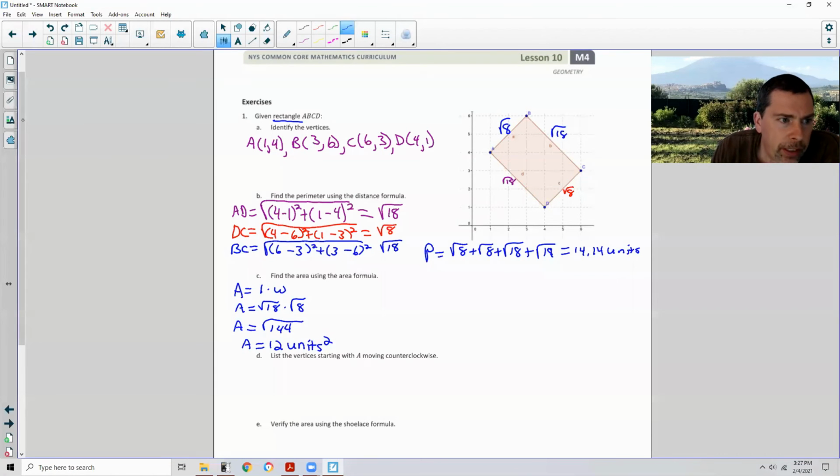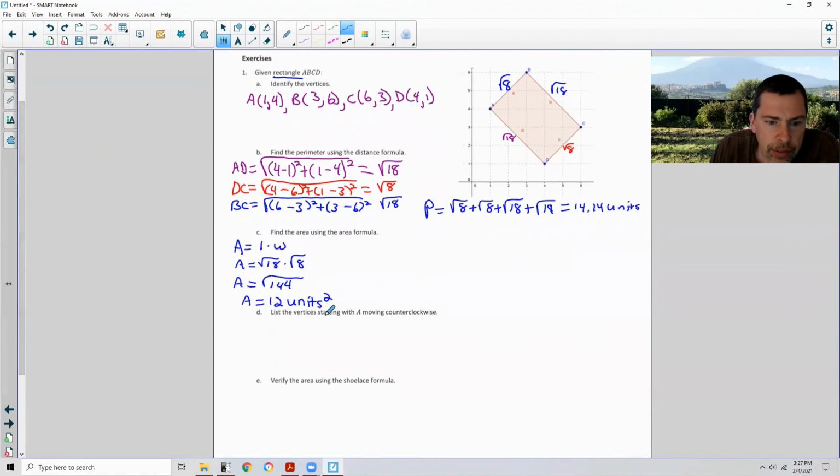Okay, now part D is leading us to something else. It's now saying list the vertices starting with A moving counterclockwise. So counterclockwise is A, B, C, D, alphabetical order. Counterclockwise, or I'm sorry, that's clockwise.